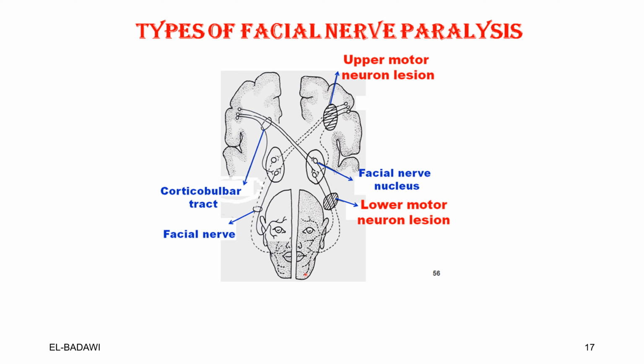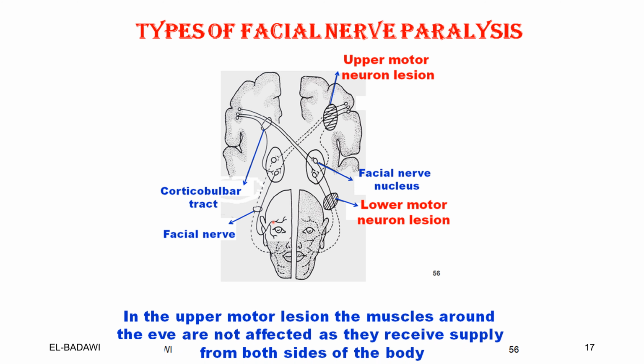Both sides of the upper and the lower parts of the face will be affected. So when you are examining the patient, in the lower motor neuron lesion, you can examine the eye by asking the patient to close it. He cannot, but he can do that in case of upper motor neuron lesion.